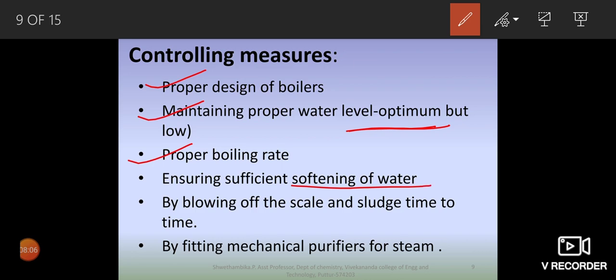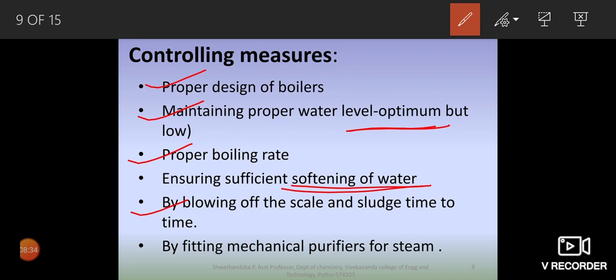Also go for softening of water, because we know that hard water would contain some salt and can cause boiler problems. So if we go for softening of water, good quality water is used, and the problem could be minimized. Then by blowing off the scale and sludge. Sometimes the scale and sludge present would be adhering onto the walls of the boiler and may increase wet steam production.